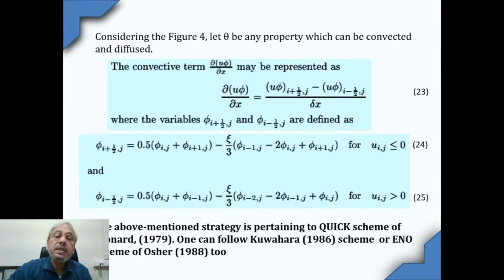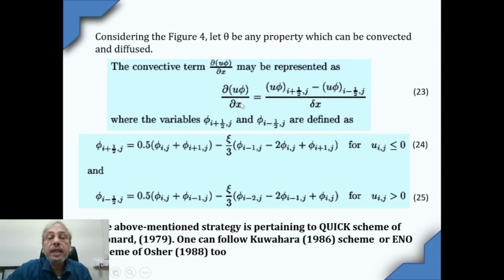Having said that, if we want to discretize a convective term like del x of u phi, phi is a scalar quantity and phi ij is the location of phi at a cell identified by ij.